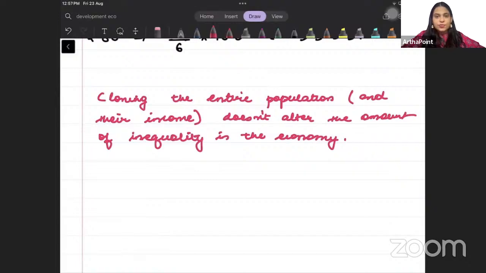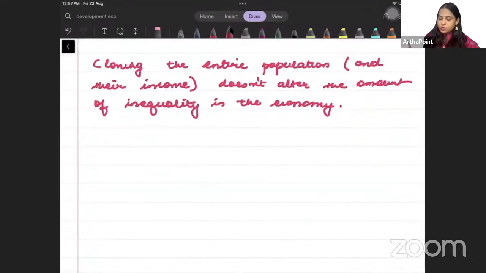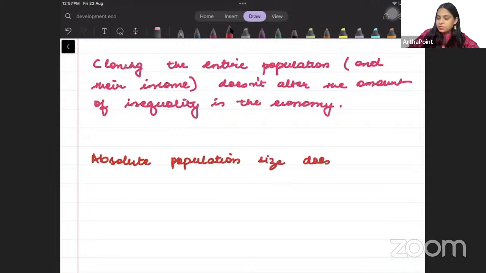Is this point clear to you? So now it also tells us something else. क्या पता चलता है इससे? That only percentage matters. जब तक percentage 33% था, right? That 33% of the people are earning 40 rupees. It does not matter whether we have 2 people or 1 person earning 40 rupees, right? So please write down that absolute population size doesn't matter.